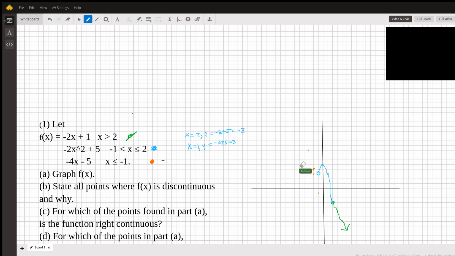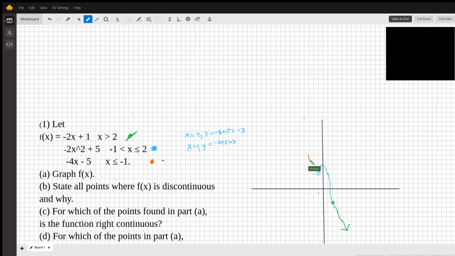Get rid of that guy. I'm going to redo this one. So over 1, 2, 3, 4. There we go. Okay, but I don't think we need that one. This is only defined when x is to the left of -1. So here it is. 1, 2, 3, 4 over 1.